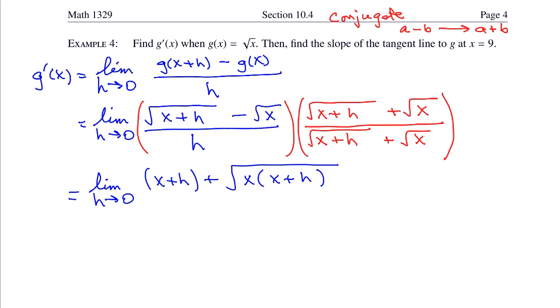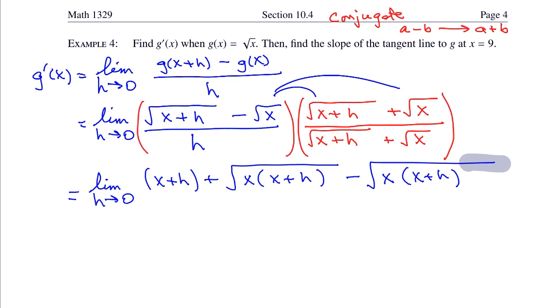Next, I'm going to do this one and then that last one. So minus the square root of x times the square root of x plus h. So that's minus the square root of x times x plus h. And then lastly, negative square root of x times square root of x.